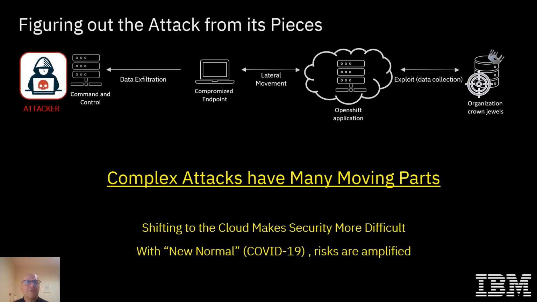The attacker would then be able to execute code remotely, and after gaining this ability, the attacker will spin code that accesses data in a database and then ships it back to a control and command server. The organization often will not be aware of the attack well after a good part of it has happened, potentially leading to a disaster. Shifting to the cloud only makes security even more difficult.